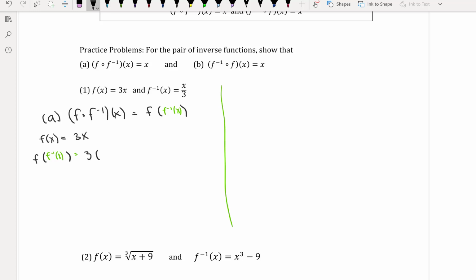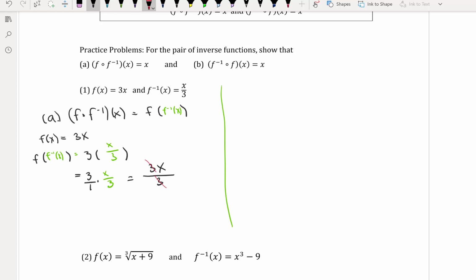well, I know I have a 3, and wherever that x is, that's where I plug in the inverse. That inverse is x over 3. So now I have 3 over 1 times my x over 3. Well, what ends up happening here is I get one fraction, 3 times x over 3.